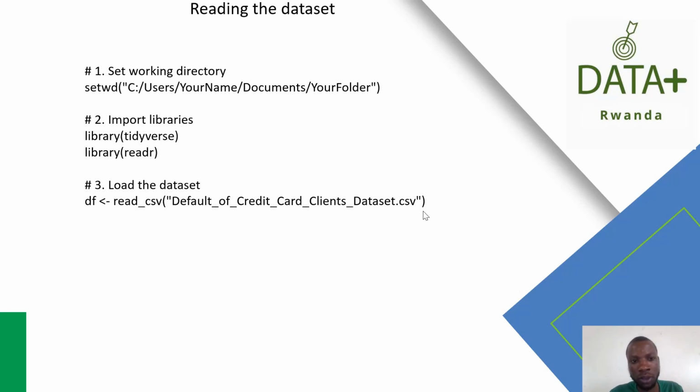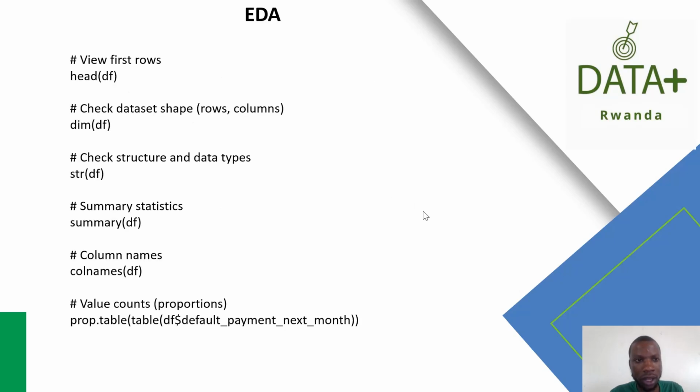After that we import the necessary libraries, especially tidyverse for data cleaning and visualization, and readr for helping us to read the CSV format. Then we read the data set where you put the path of your dataset, like read underscore csv. And again, you have to view your first rows.